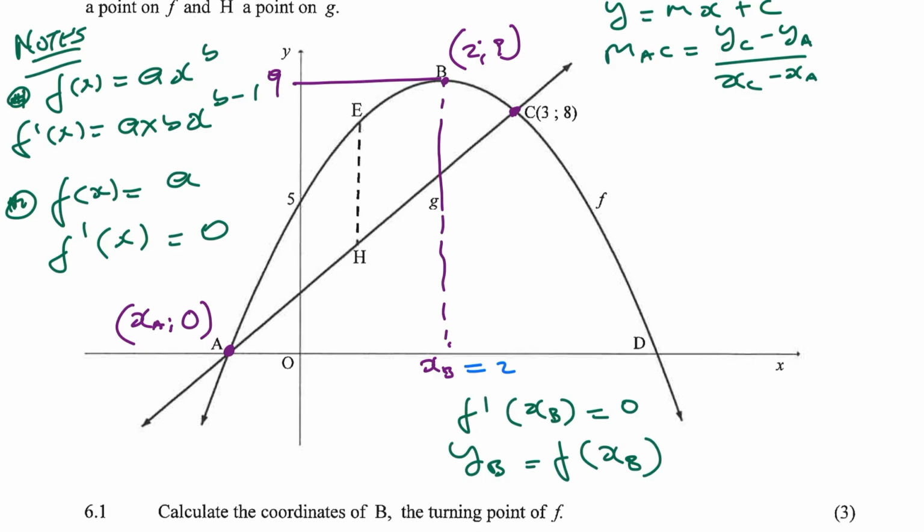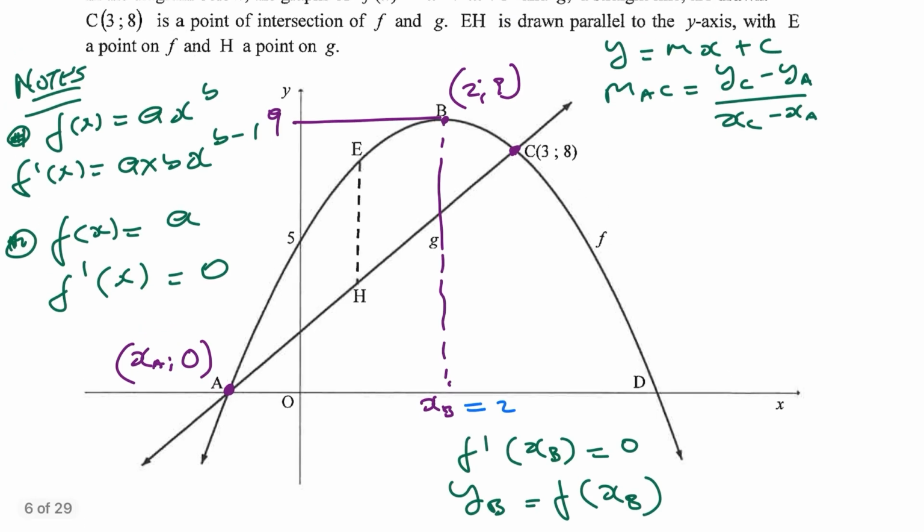However, you can also do the calculations if you want to. We know that A is an x-intercept, and even here, we don't know the x value of D, but we know D is an x-intercept. I'm going to show you how to do this with the calculation, but visually you're already seeing it.